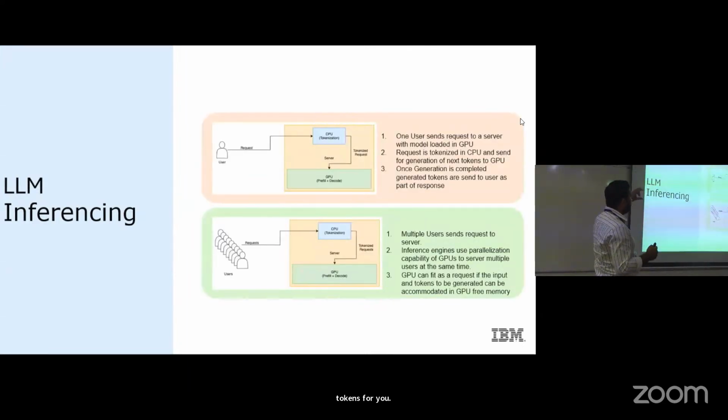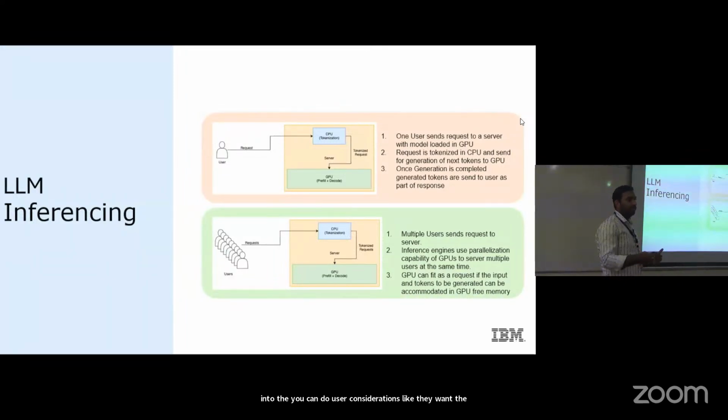Now in inferencing, the challenge becomes when there are multiple users. As you all know, GPUs are really expensive, and how do you batch the multiple requests from several users together to serve optimally? Also, you have to look into user considerations, like they want the tokens to come fast.